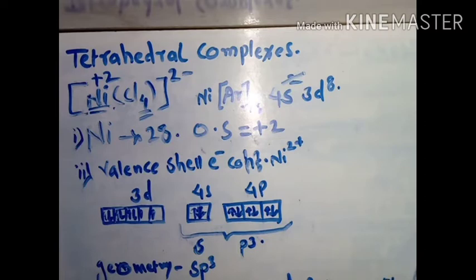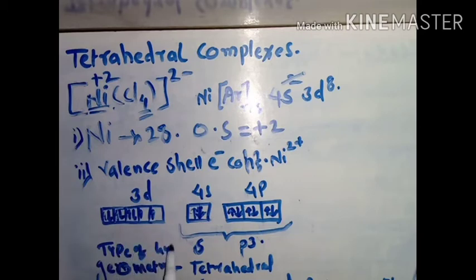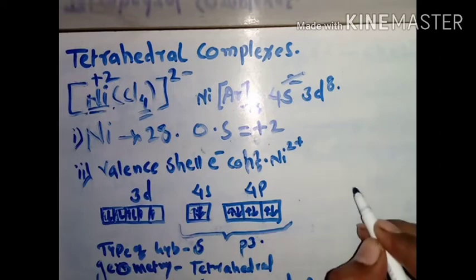This complex is paramagnetic, its geometry is tetrahedral, and the type of hybridization is sp3.